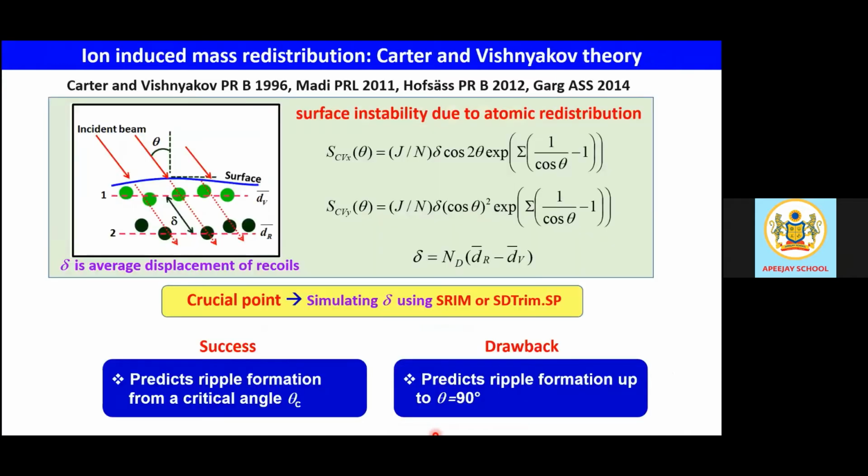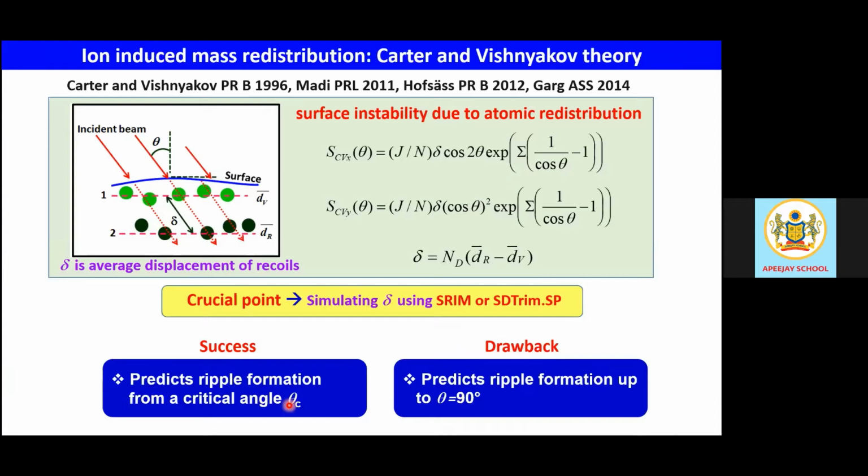But for the Cutter-Vizhnyakov theory, that restriction is a little bit lifted, because this predicts ripple formation from a certain critical angle theta c, that means a certain angle of incidence for the energetic ion.